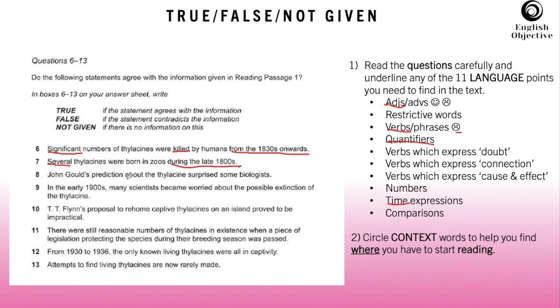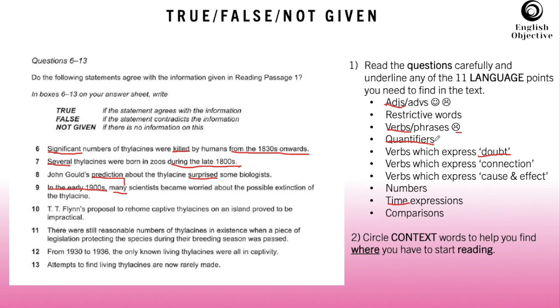Then prediction, that's a verb or word to express doubt or speculation. About surprised some biologists. Again, surprised expresses doubt, hesitation, speculation. In the early 1900s, so that's time expressions again.